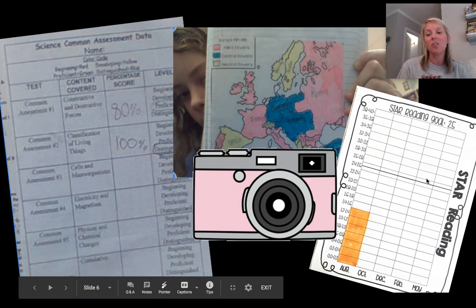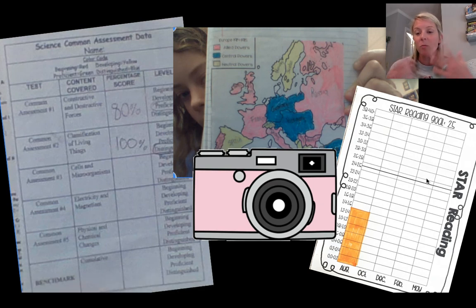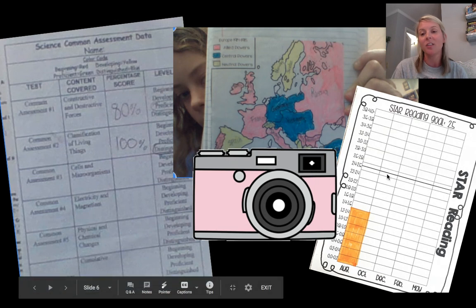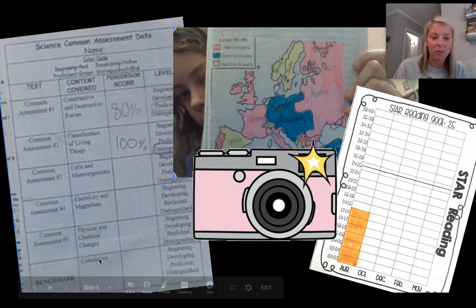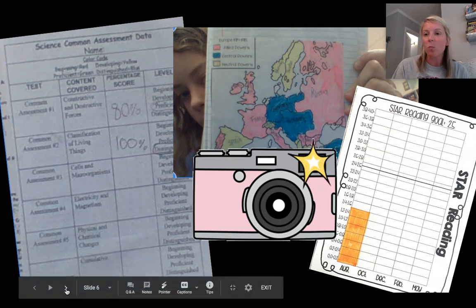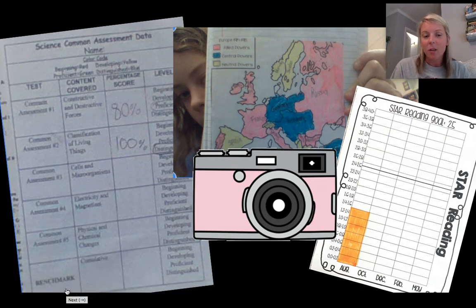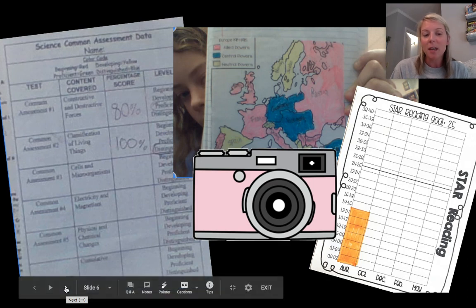This star reading chart is going to grow. So they'll capture August, and then October, they'll see how their goals are being met by taking a picture. It's like taking that first day of 5th grade picture and seeing that last day of 5th grade picture and how the kids have grown. So that's one of the things that we do with digital portfolios, taking pictures of their work and capturing those moments of learning.